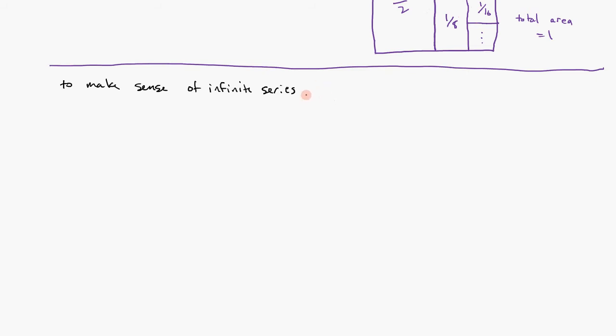So to make sense of an infinite series, we add one term at a time and see if it approaches a unique value.